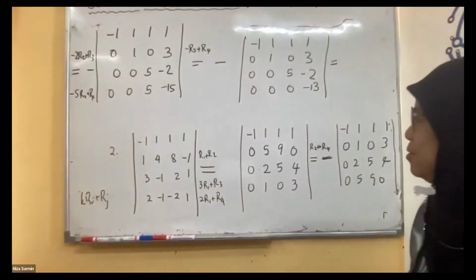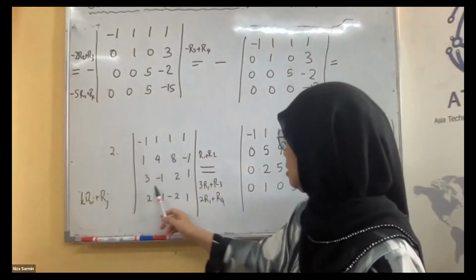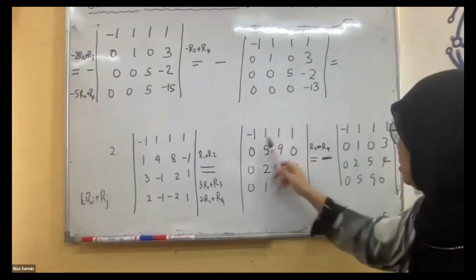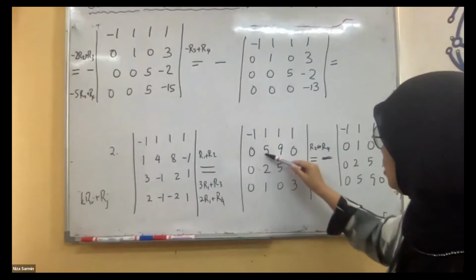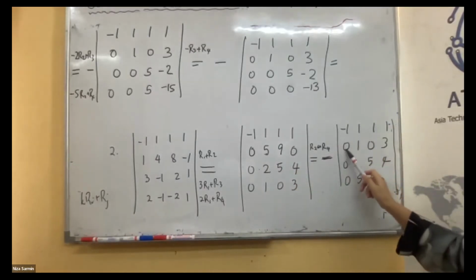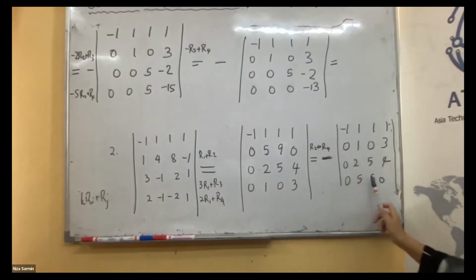Okay, this is the original. This is still the same with you, right? Then I want to change this one to be here. So -1, 1, 1, 0, 1, 0, 3, 0, 2, 5, 4, 0, 5, 9, 0.